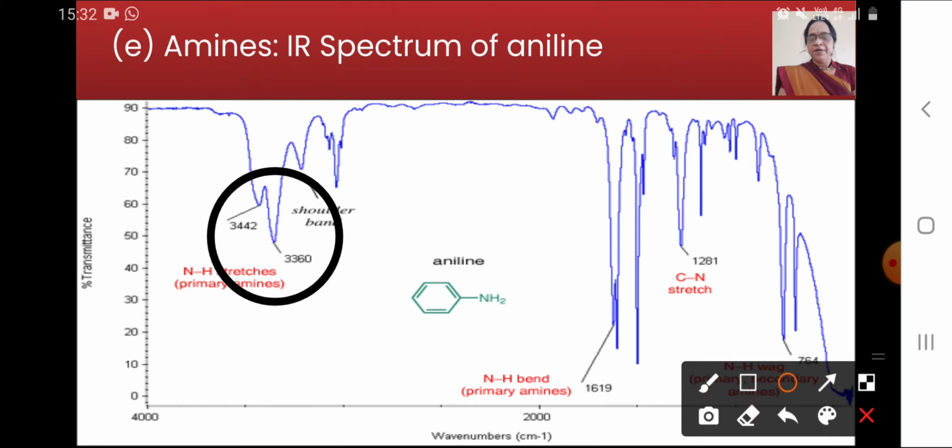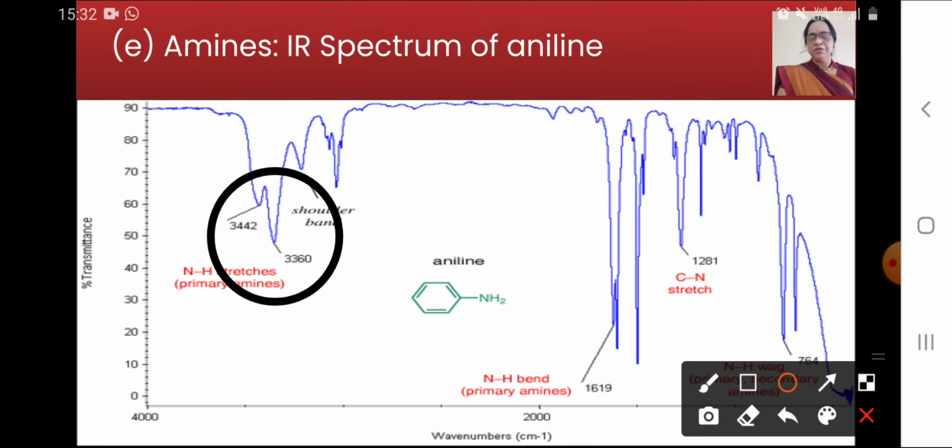The NH bending mode appears as a medium to strong intensity band in the range from 1640 to 1560 per centimeter. In aromatic secondary amines, the NH bending vibration is very weak and usually is not observed.